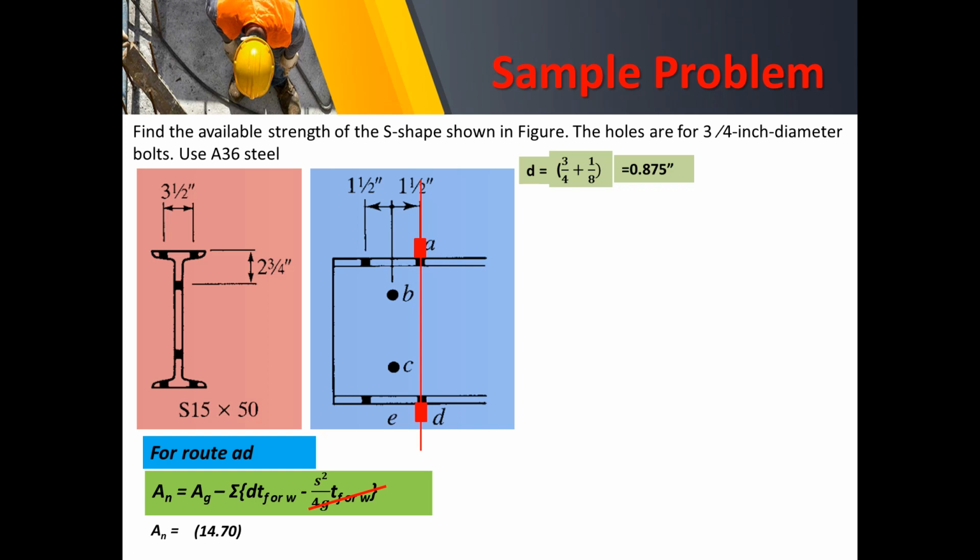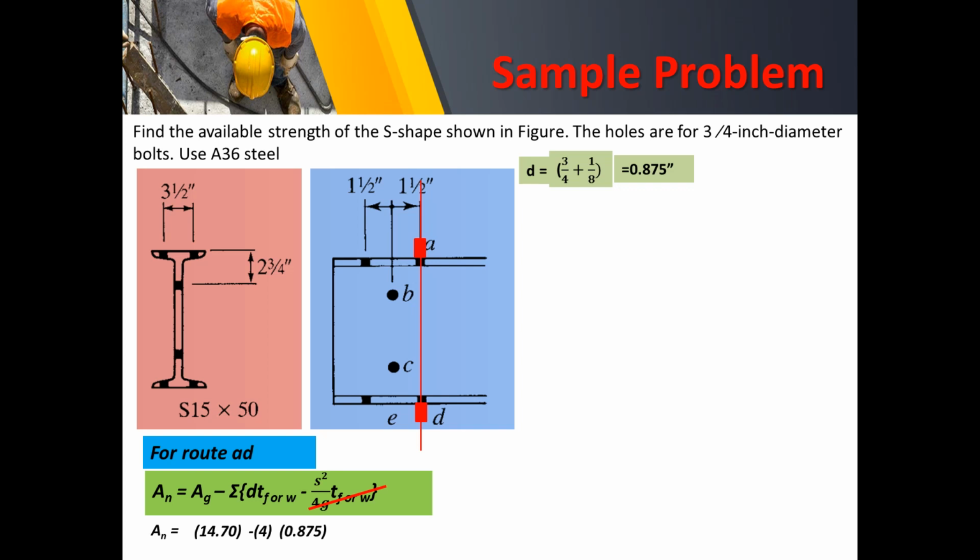The gross area for the S shape is 14.7 minus 4, why 4? Because there are 4 bolts on the flanges. That is why I've emphasized that we transfer all of the bolts on the same root within the flanges.